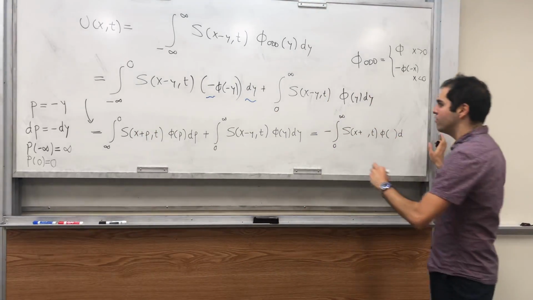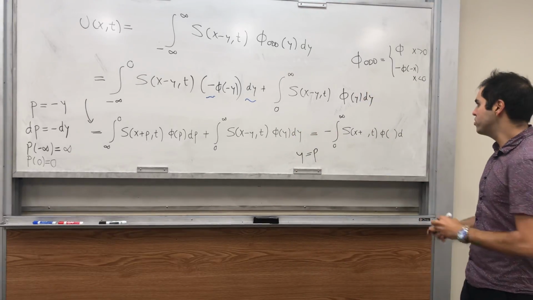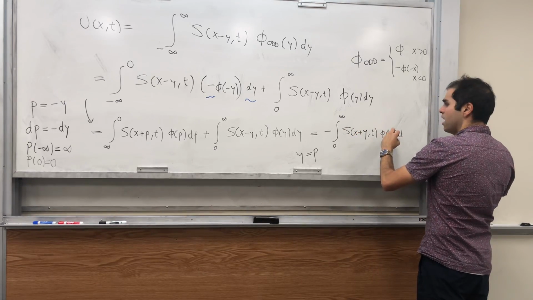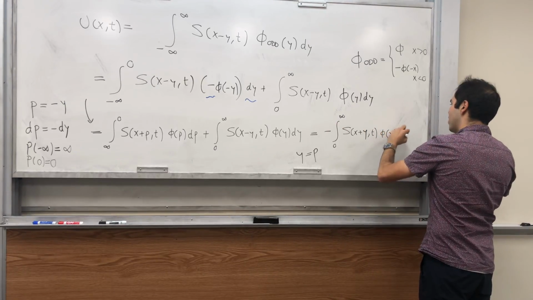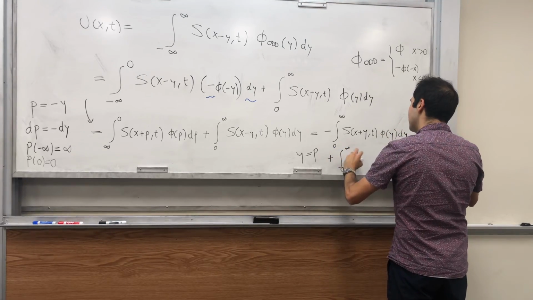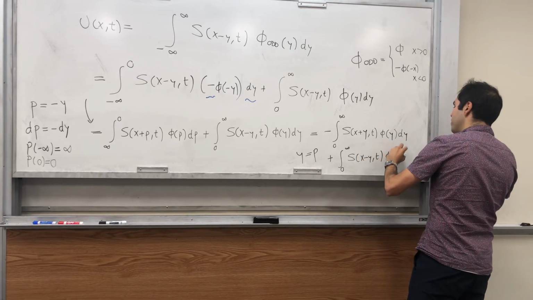Or if you're really confused about this, let y be p, and then use a u-sub. So this becomes minus the integral of s of x plus yt, phi of y dy, plus the integral from 0 to infinity of s of x minus yt, phi of y dy.